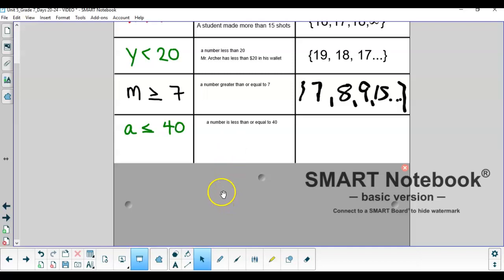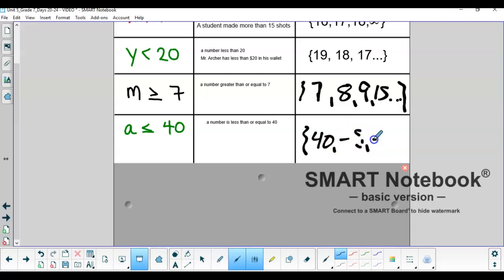The most that could come to my party is 40, meaning I could have 40. So again, if I wanted to make my solution sets, the first number that is less than or equal to 40 would be 40 itself. And then I could pick any number that is less than 40. So I could say -5, I could say -30. Any number that is less than 40 would be an acceptable answer.